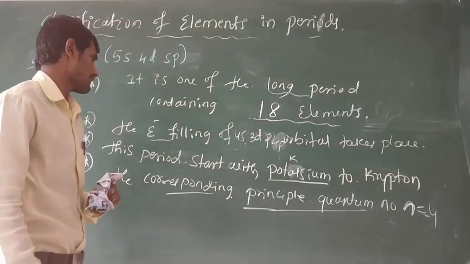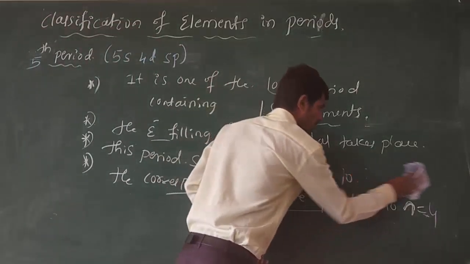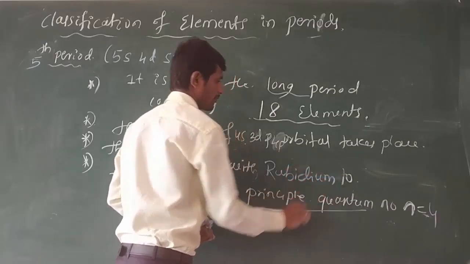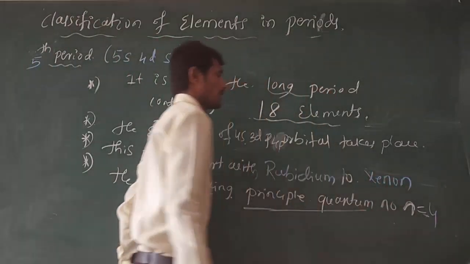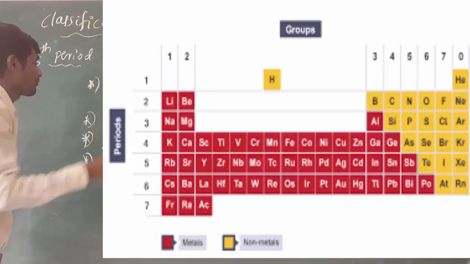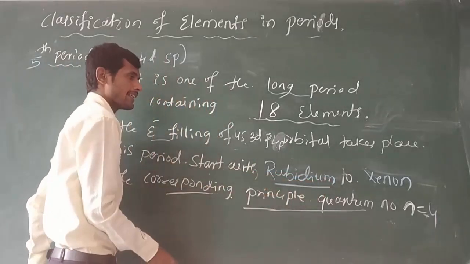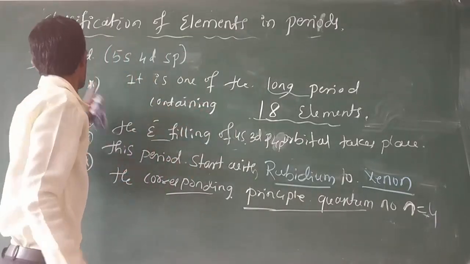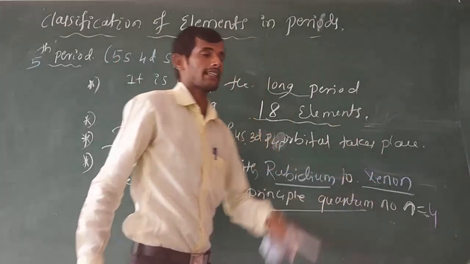And this period starts with rubidium to xenon. Remember, students, in presence of fifth period, it starts from rubidium and ends with xenon.